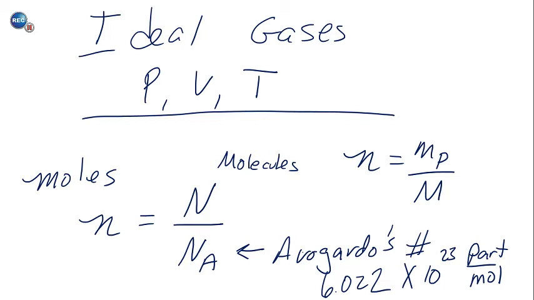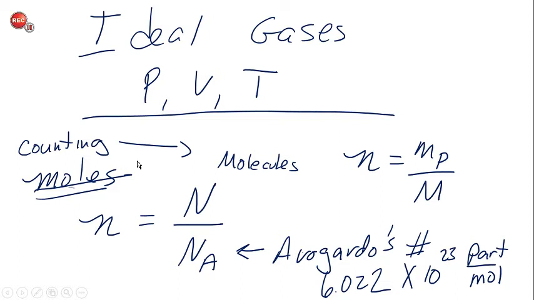So the idea is that moles are a way of counting molecules. That's where we're going to go with this: we want to very carefully work out, using moles and counting the number of molecules, everything else that we're going to do.